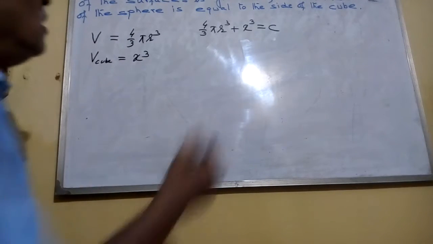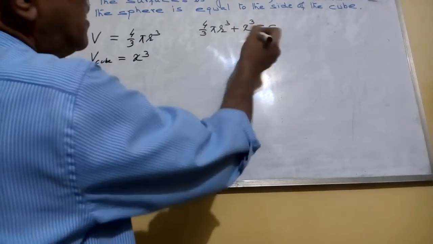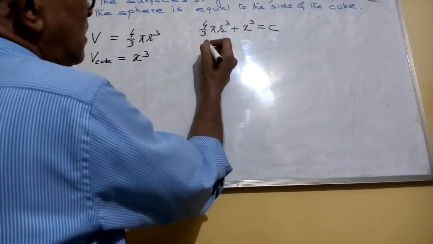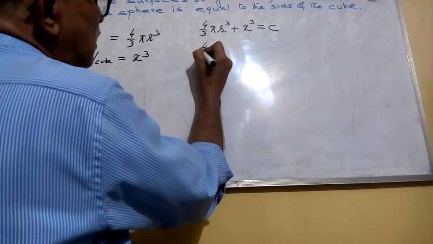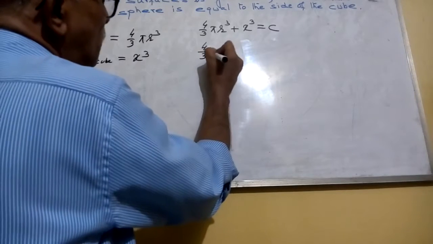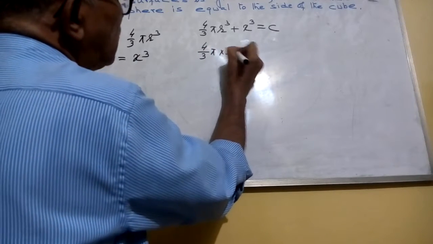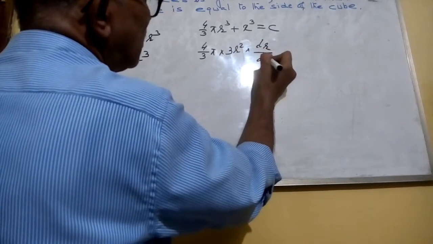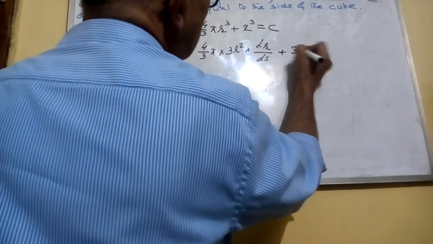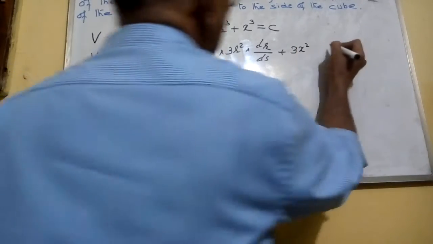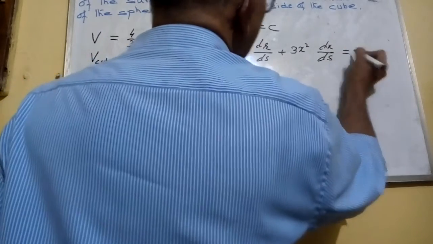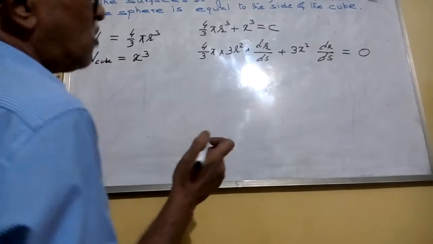See this one. If we differentiate this given relation, both sides with respect to S, then what we get is 4/3 π × 3r² dr/dS plus 3x² dx/dS, and since it is c, its derivative dc/dS will be 0 because c is a constant.